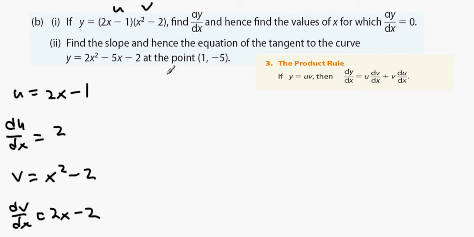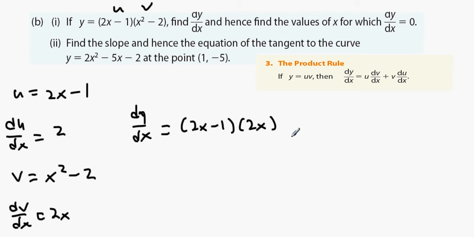Now the 2 wasn't meant to go in there because it's a normal number, so the derivative of v is actually 2x. Now we're going to put it into the product rule. So dy/dx is u times dv/dx, so u is 2x minus 1, the dv/dx is 2x, plus v times du/dx, the du/dx being 2.